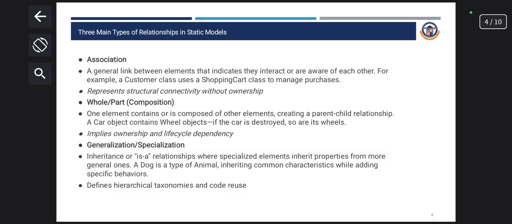This relationship helps with code reuse and hierarchy. So remember, association is like a friendship, composition is like a parent-child, and generalization is like a hierarchy. These are the three types of relationships in static models.